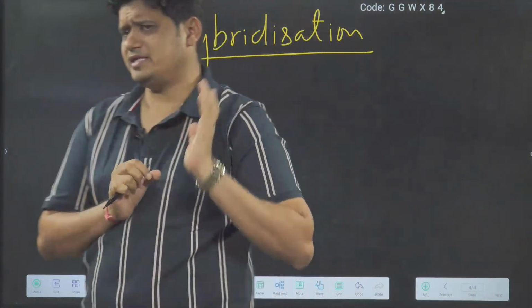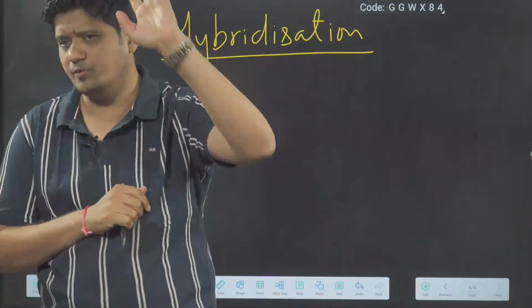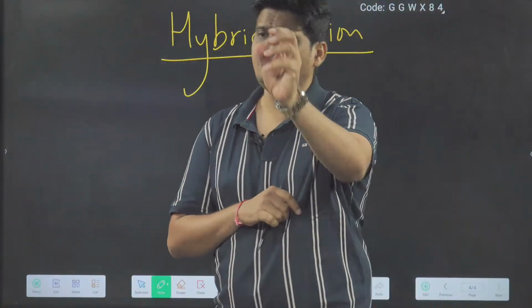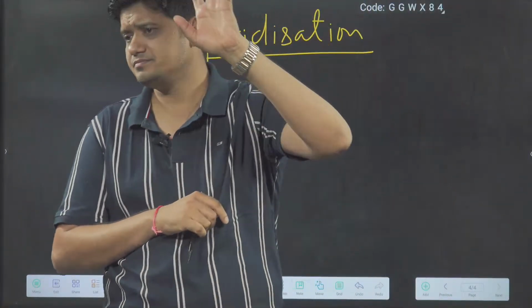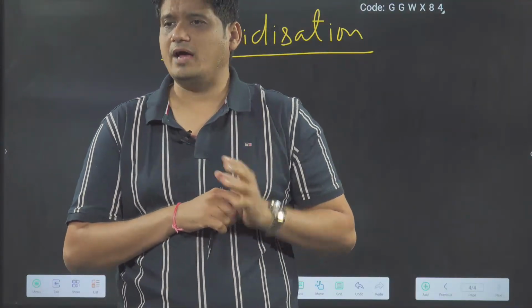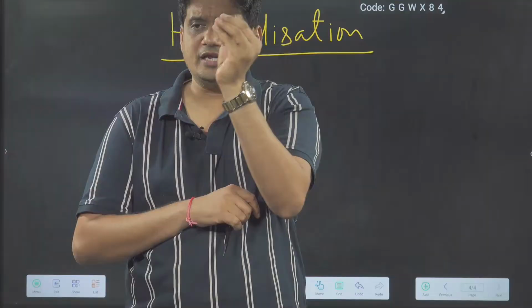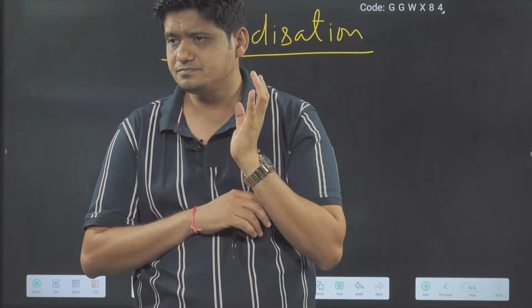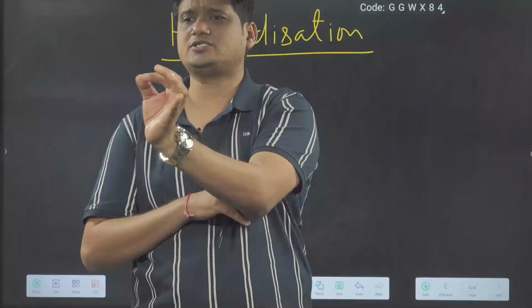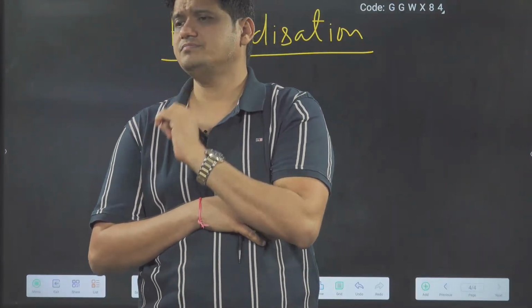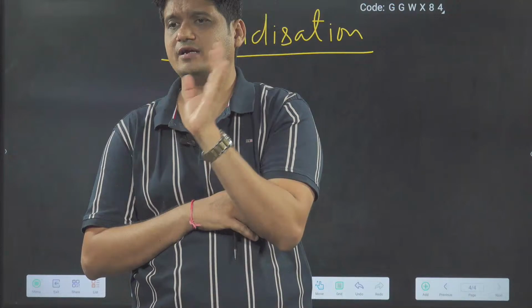Now I will start from one question. You know hybridization means intermixing of atomic orbitals. Am I right? Intermixing of atomic orbitals. Everyone knows? Yes or no? I will ask one simple question. Hybridization is intermixing of atomic orbitals of: first option, same atom; second option, different atoms.